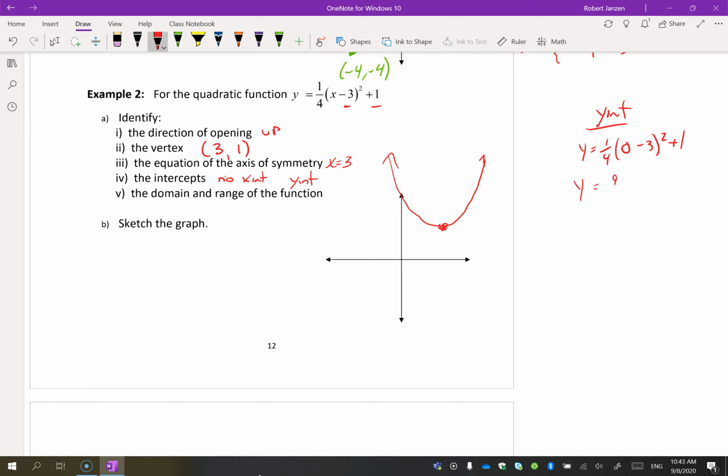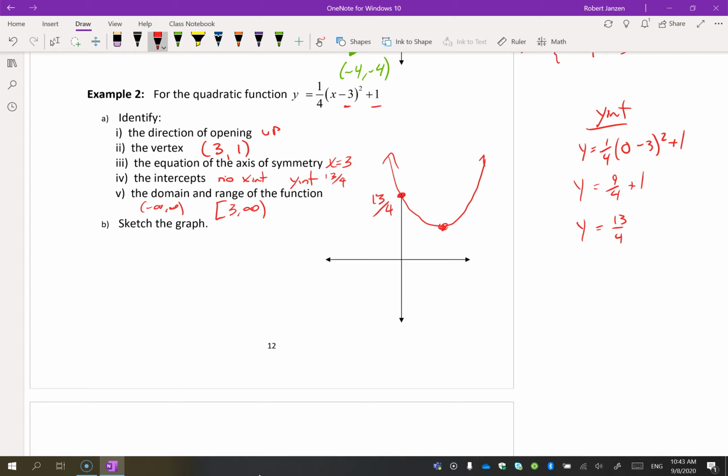So y is going to be 9/4 plus 1, which is 13/4. The domain is -infinity to infinity, and the range is 1 to infinity.